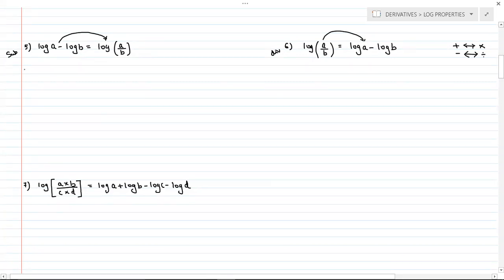Okay, so if I take the first example, like log 3 minus log 2, so it can be written as log a upon b. So a is replaced by 3 and b is replaced by 2, so it can be written as 3 upon 2. Understood?